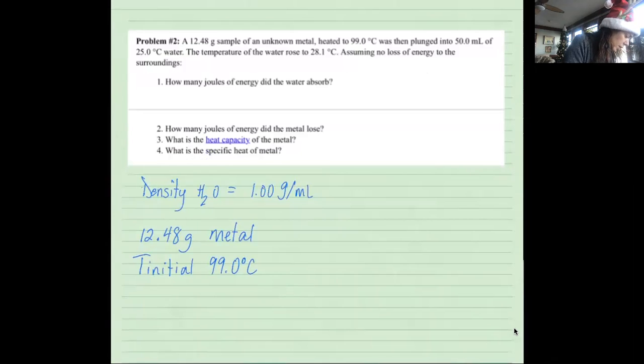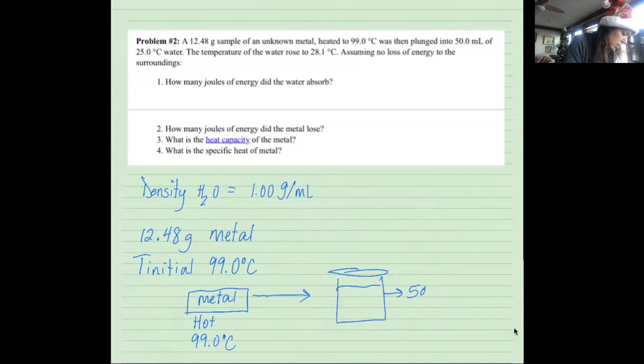This metal that is hot was put into a 50.0 milliliter sample of water.